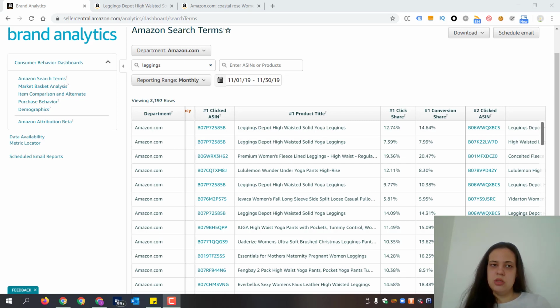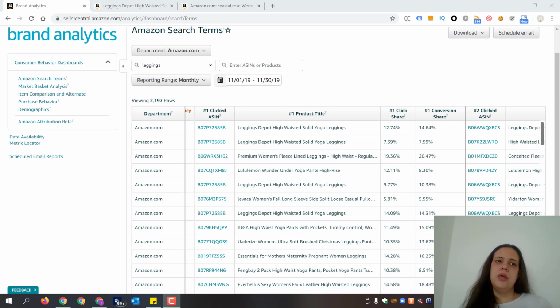So when it comes to the search terms report on Amazon coming from brand analytics, these weren't paid for. These were given to you free of charge by Amazon for all the brand owners out there to understand their niches better. And these reports we've used for our own brand and for our clients for two main purposes.